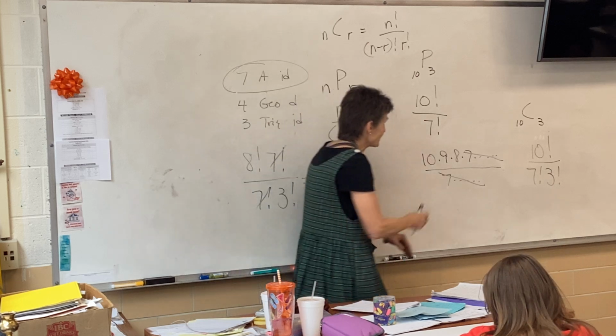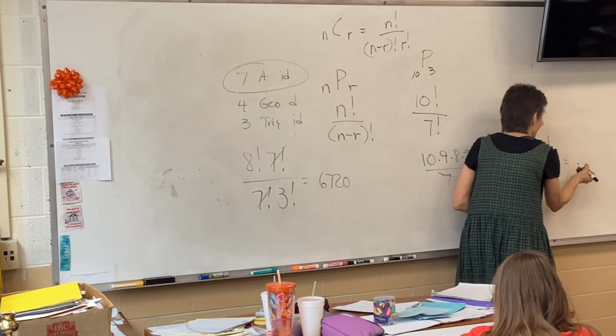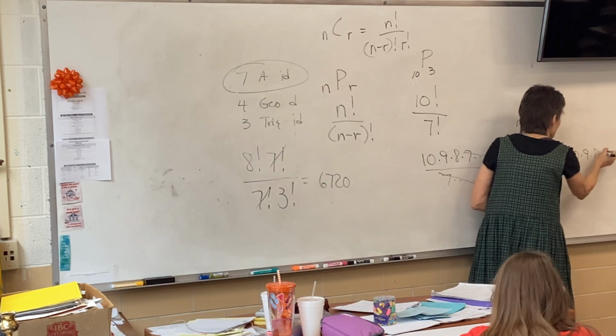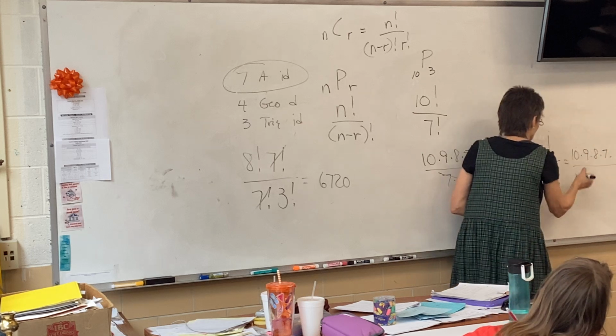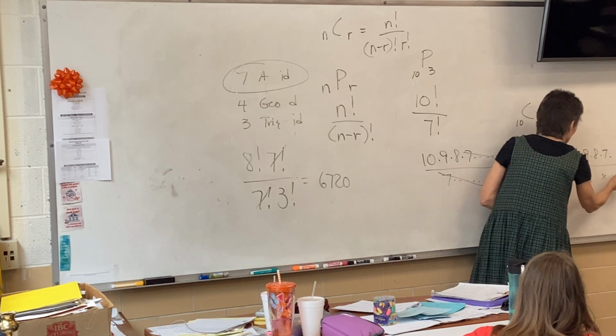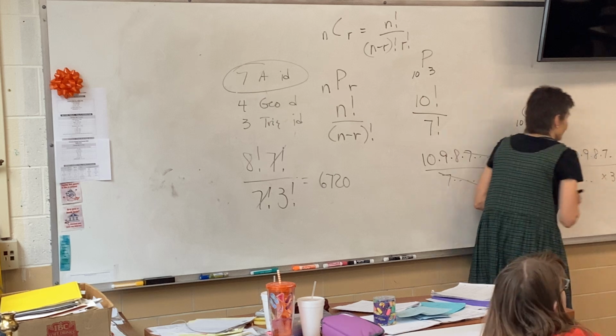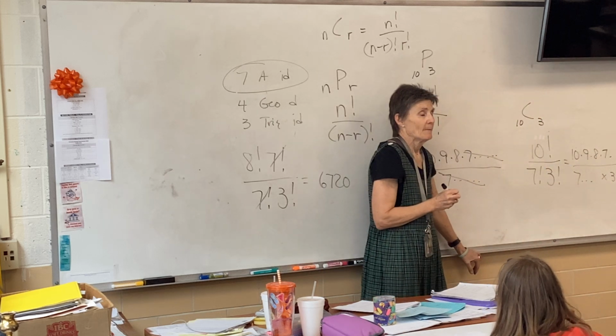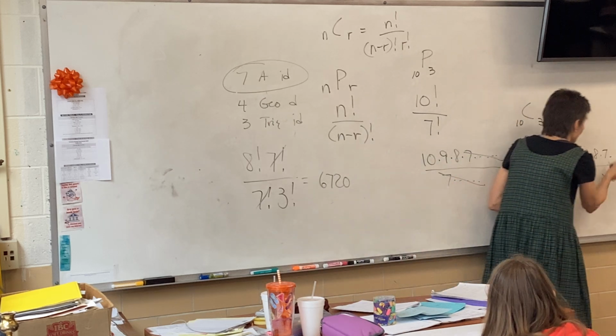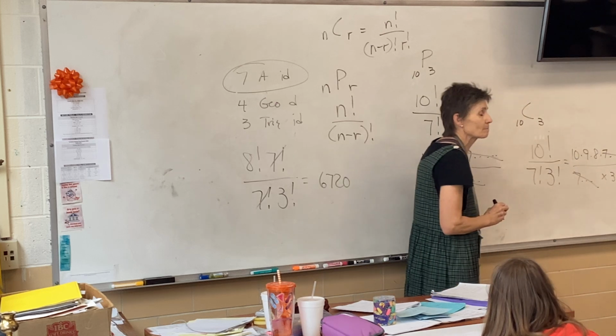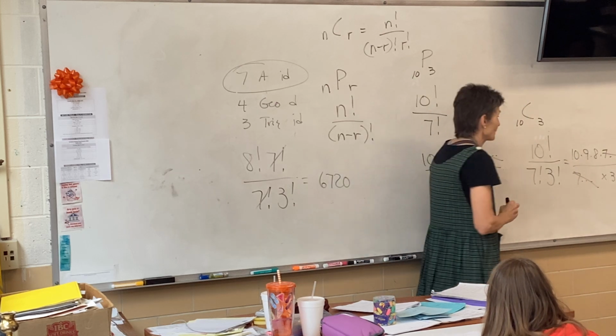Alright, so what's this going to equal? Let's do the same thing we did before. It's going to be 10, 9, 8, 7 over 7 factorial times 6. Everything from 7 on is going to cancel.